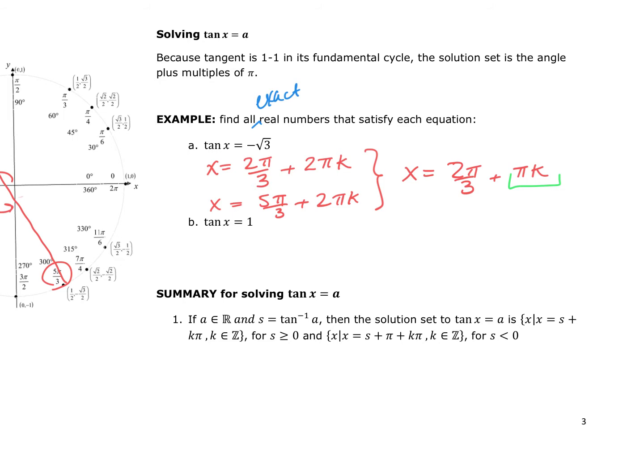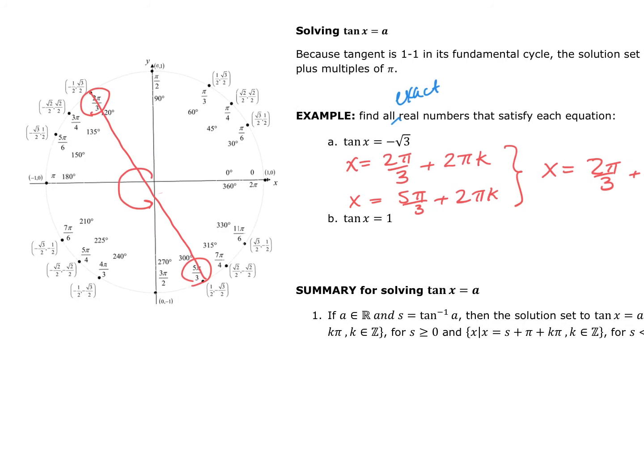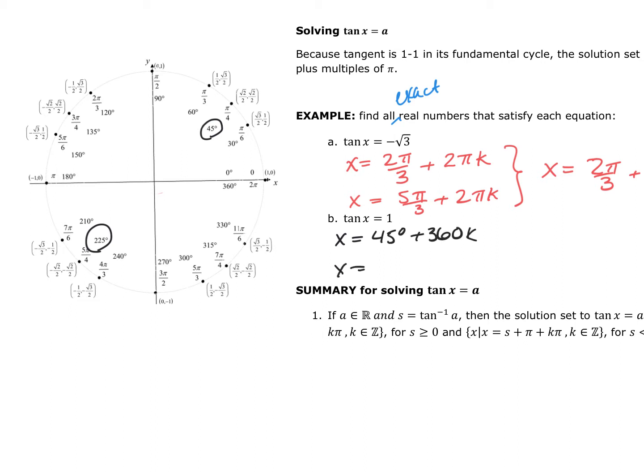I'm going to do the next one in degrees. So I'm looking for where the tangent is equal to 1. The tangent is equal to 1 when the x and y are the exact same values and the exact same sides. So it happens at 45 or 225. So I can do x is equal to 45 degrees plus 360k, and x is equal to 225 plus 360k.